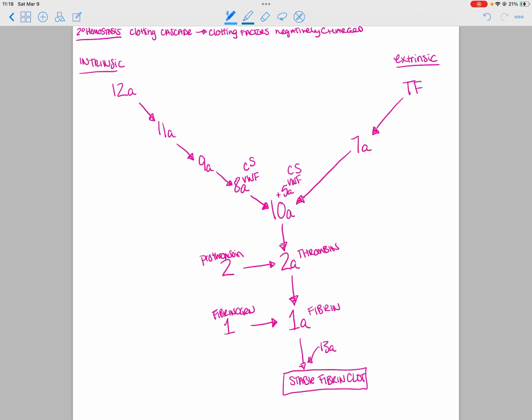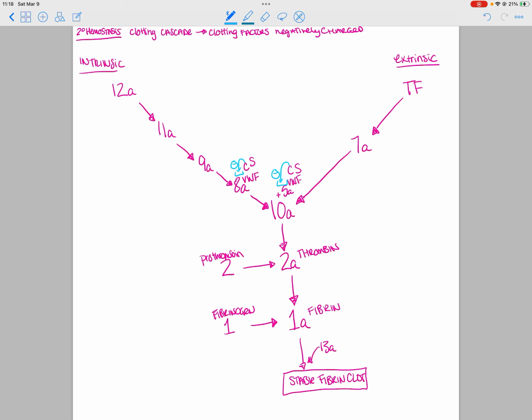So this clotting cascade has to have a way of self-regulation. So keep in mind that protein C and S will bind to factor V and inhibit factor V from stimulating the common pathway and creating that stable fibrin clot. As well as over here, protein C will bind to factor VIII and inhibit factor VIII from stimulating the common pathway via the intrinsic pathway.